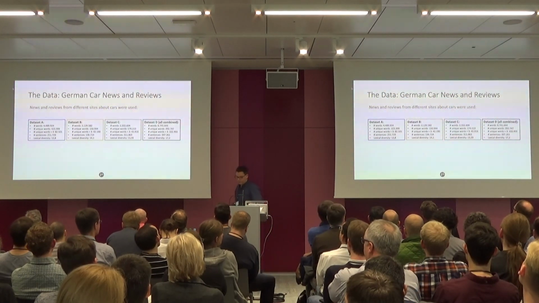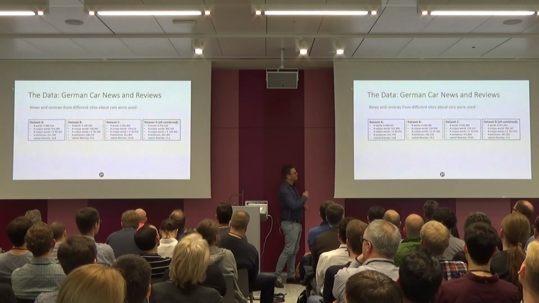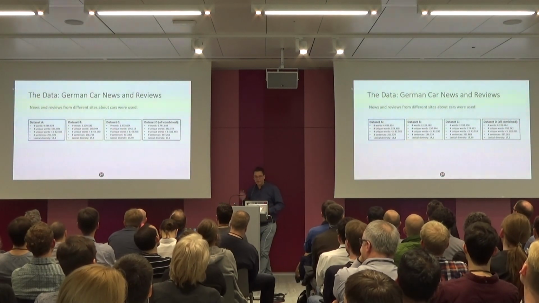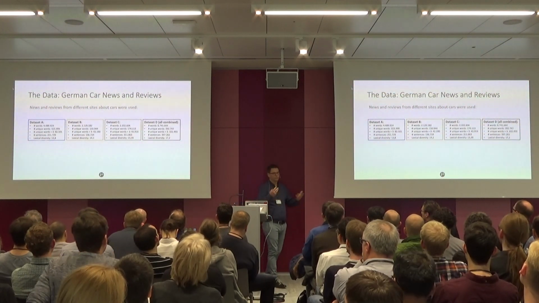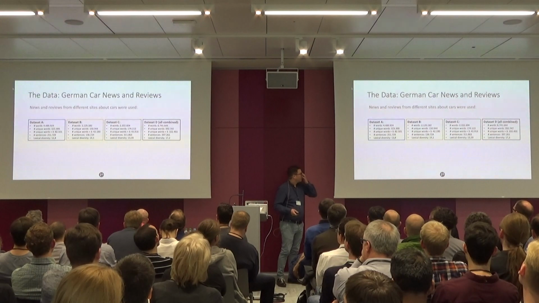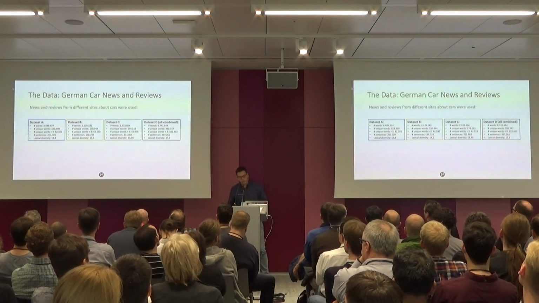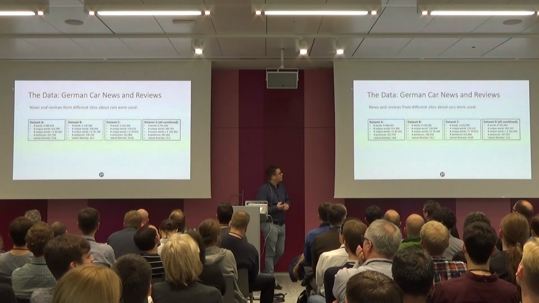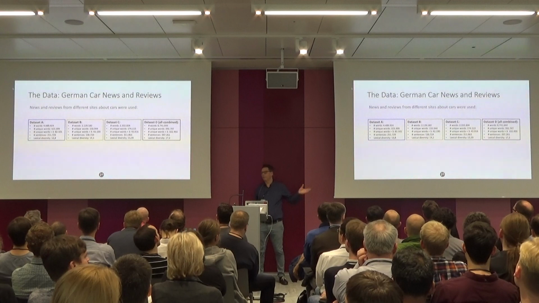Due to the Datenschutzverordnung, which is coming in May 2018, I won't say where I get this data from. But actually, it's all news and reviews about cars. And you can see here the size of the data sets, so they are not very huge, but still it was sufficient to work with. Data set D would be the combination of all the three before.